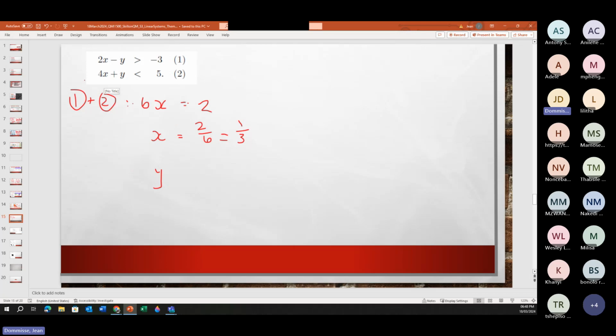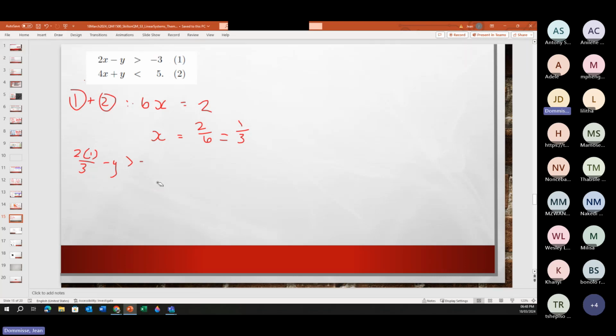But if we just wanted to work out y and x for this, we would have put that back into there. So it would have been 2, 1 over 3 minus y bigger than minus 3.